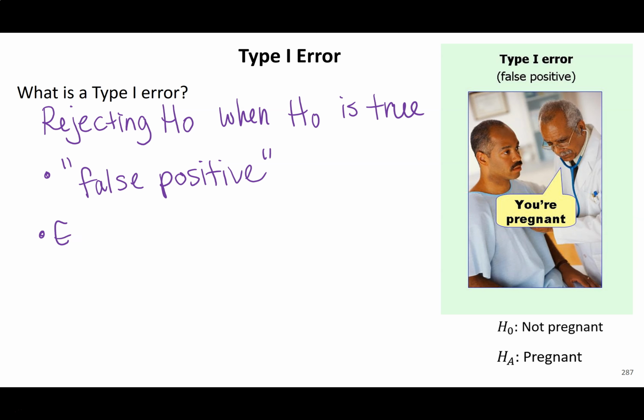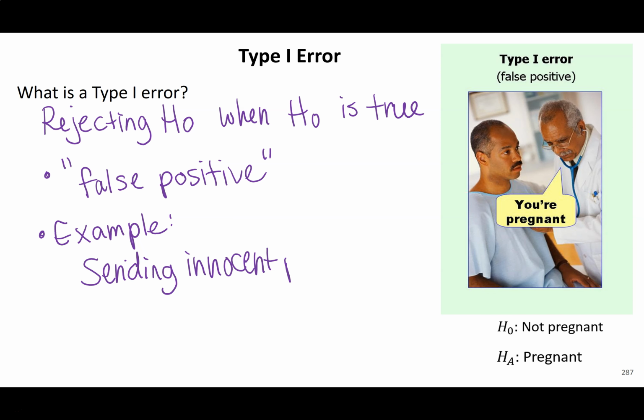So, for example, if you're looking at the court case example, sending an innocent person to prison. So it's that scenario where you concluded the innocent person was guilty, they go to prison.